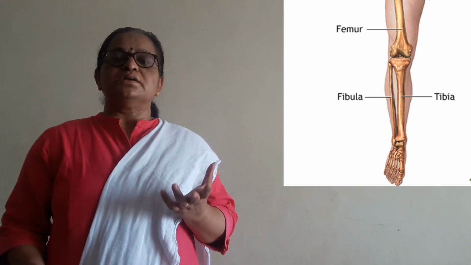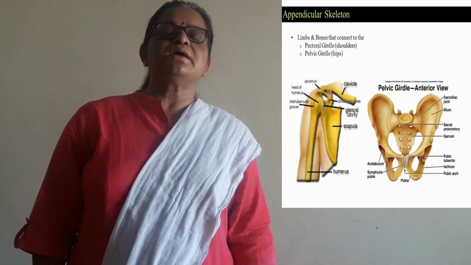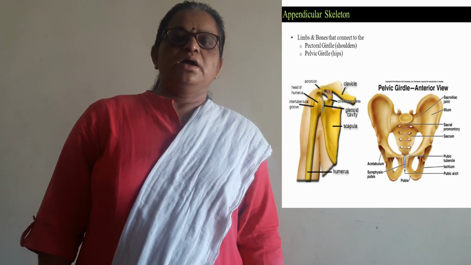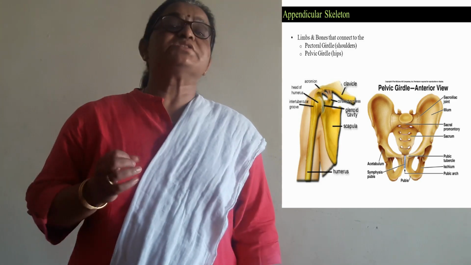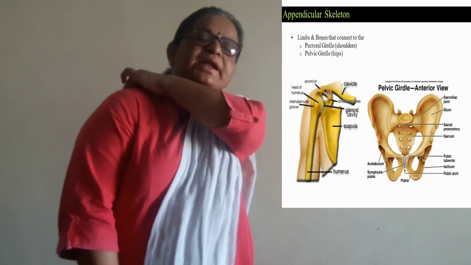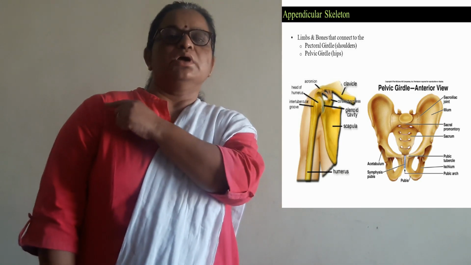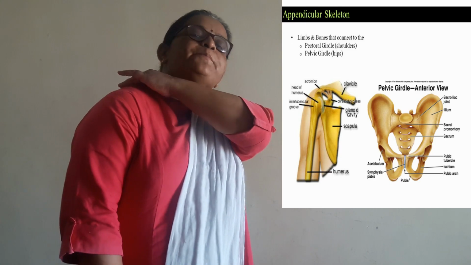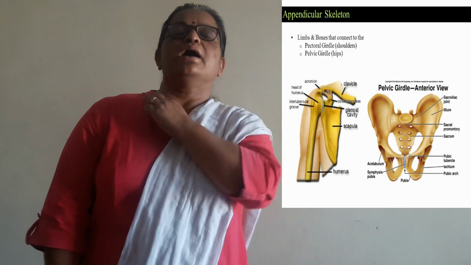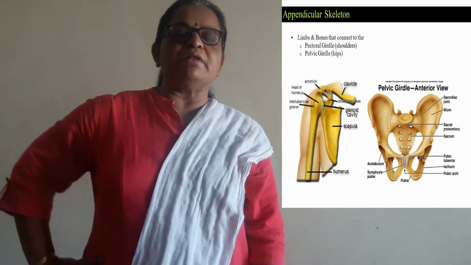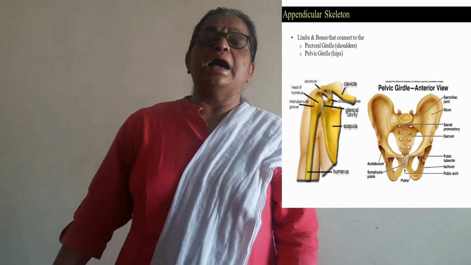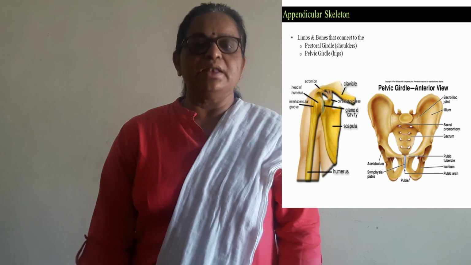Then next is girdle. There are two types of girdle, pectoral girdle and pelvic girdle. Our shoulder is formed by the pectoral girdle, which consists of a shoulder blade and collar bone. There is a pair of shoulder blade and collar bone, and our pelvic gives support and provides mobility to leg.